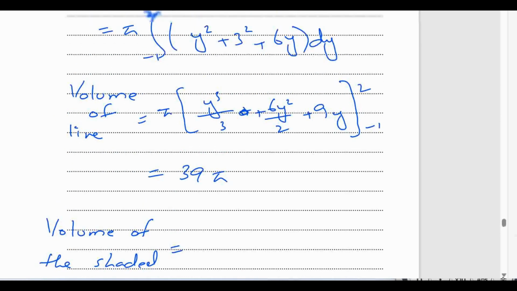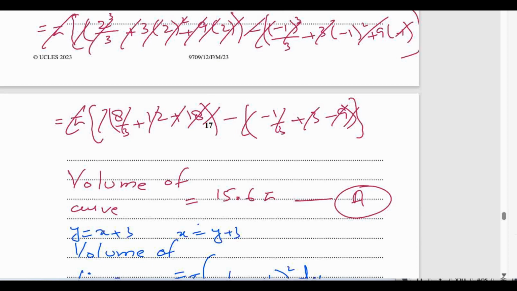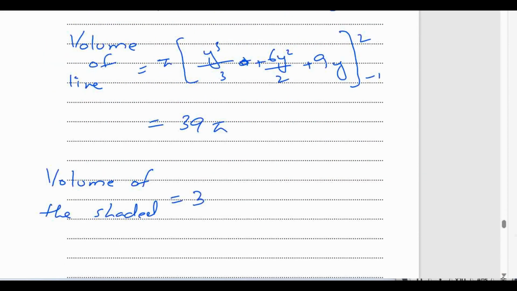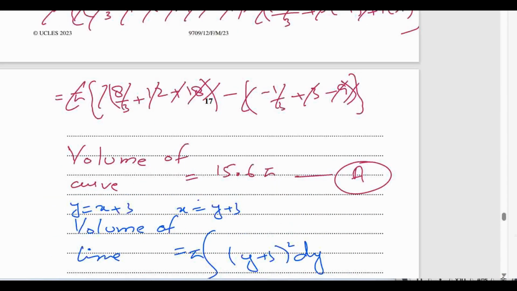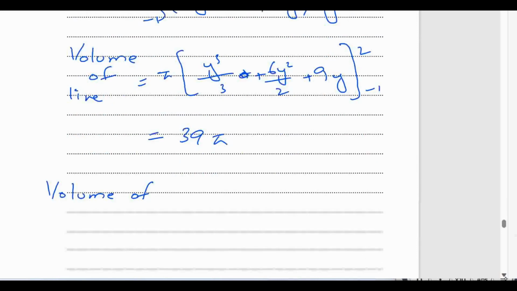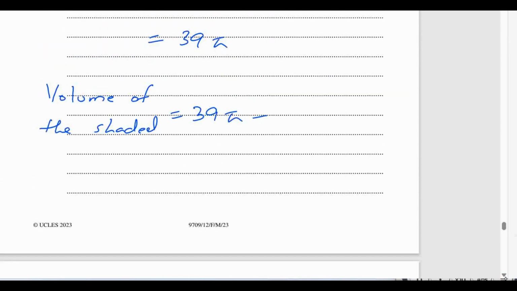और फिर finally the volume of the shaded region. अब शेडेड रीजन का वॉल्यूम किस तरह फाइंड करेंगे? This will be the volume of the line, वो 39 पाई था, 39 पाई माइनस volume of the cone 15.6 pi, volume of the curve, that was 15.6 pi.